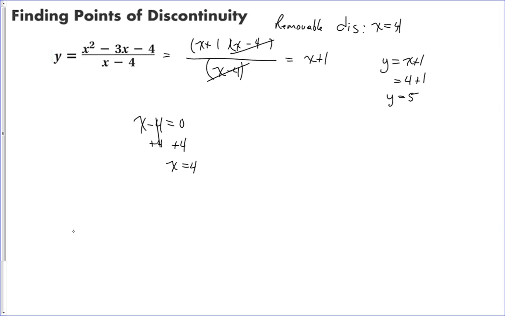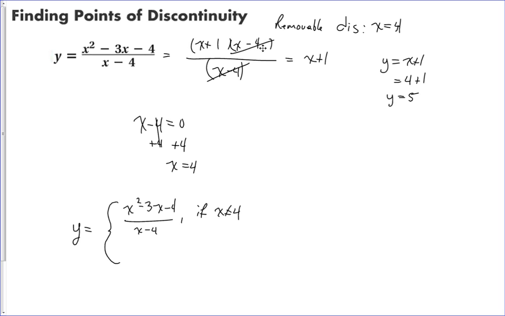So what we can do is this. We can go y equals, draw your little curly bracket. Now, write in your original function on top, so x squared minus 3x minus 4 over x minus 4, comma, if x does not equal 4.